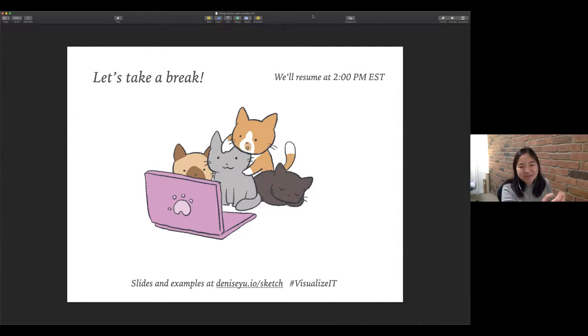Oh, I had a break slide and I forgot to put it up. Good job, me. This is a picture I drew of cats programming together. If you've heard of the term mob programming before, my friend Marit and I have been on a, not really a campaign, like a lazy campaign, like the Oasis song, starting a revolution from your bed.